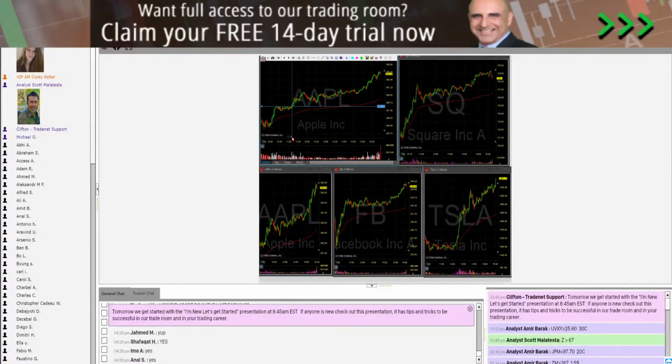Keep in mind that the time was 11:30 and Apple, other than one pullback, traded higher for, sorry, it was 11 until 4 p.m., 5 hours. So Apple gained, other than one pullback, for 5 hours in a row.